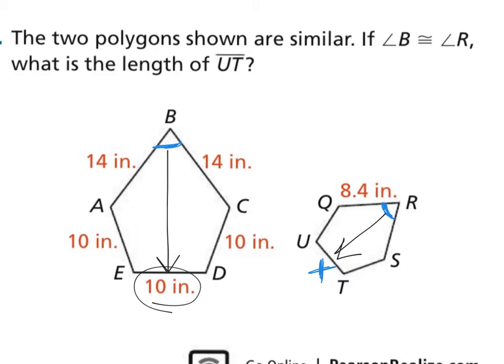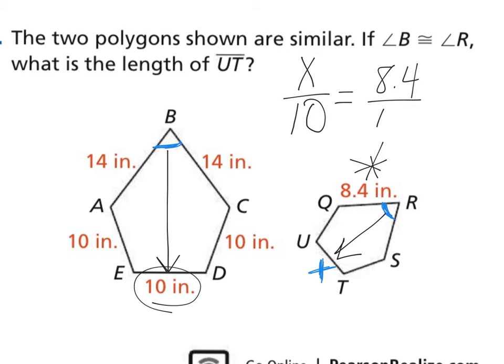Okay, so what we can do to find that length, I'm going to start with what I'm trying to find. So I'm going to start with my X. If you want to use a different letter, that's fine. The X corresponds with the 10. And that's going to be equal to, starting from that same figure, 8.4, which matches up with 14 in my other figure.